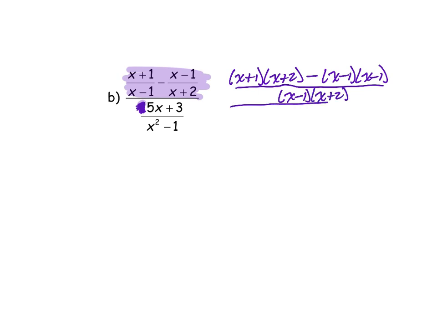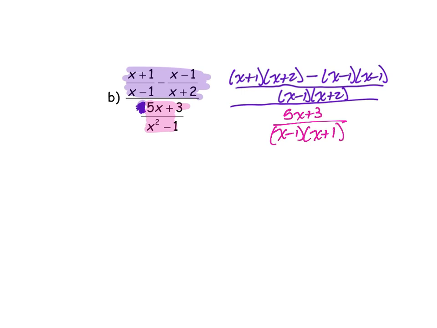Okay, and then of course that's all divided by, and luckily I don't have to do anything to the denominator except factor, so that's going to be 5x plus 3 divided by x minus 1 times x plus 1.